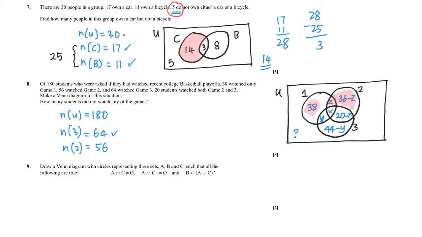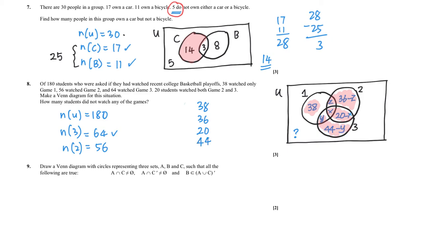All right, let's write it down. 36, and then this part should be 20. So I'm going to put 20 here, and then the last part that we have is 44. These two must be 44.